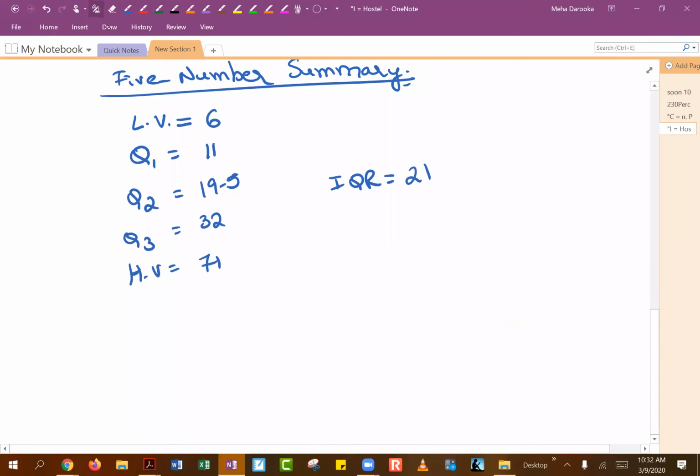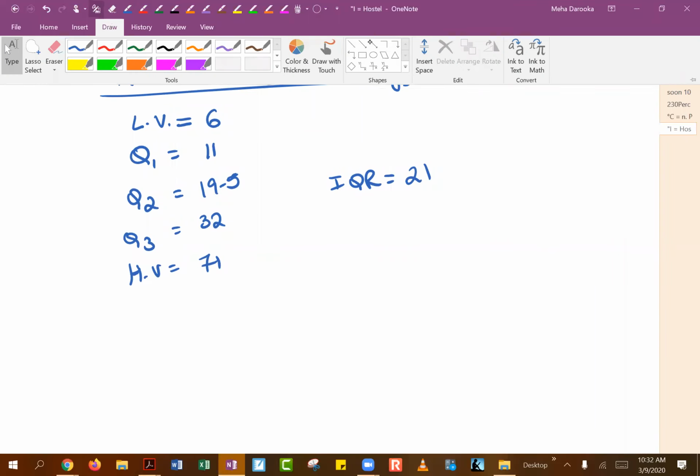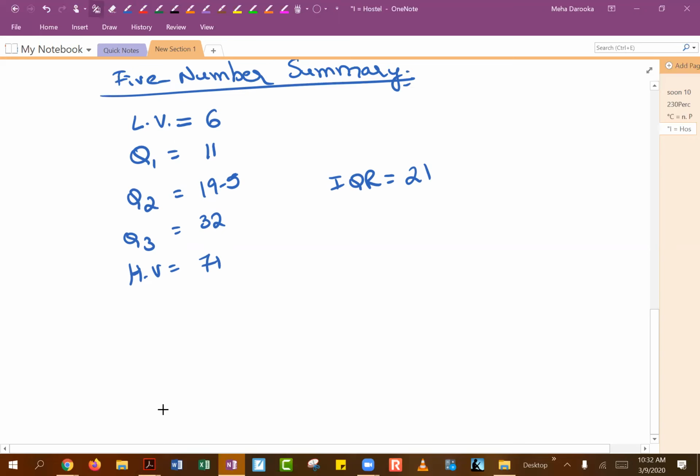Okay, so to try and put this on a horizontal axis, how would you scale if we are going from 6 to 71? 0 to 80, and in increments of 5s.